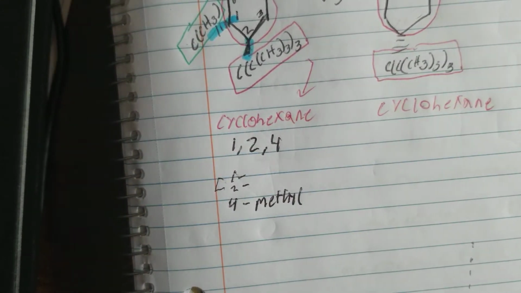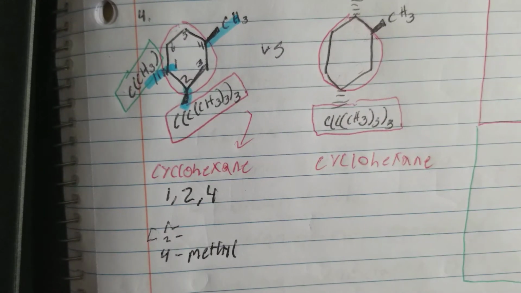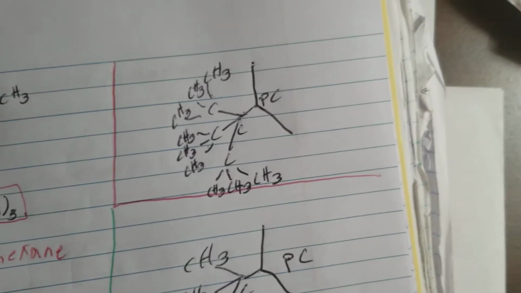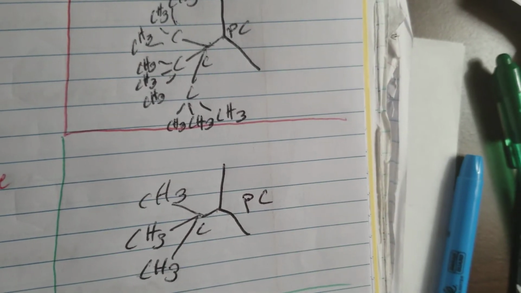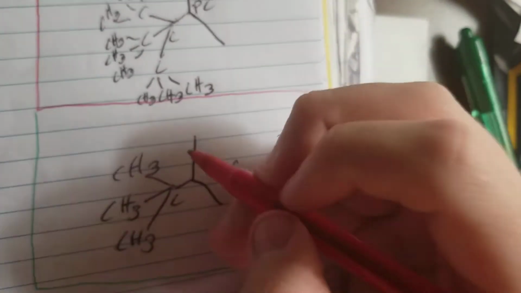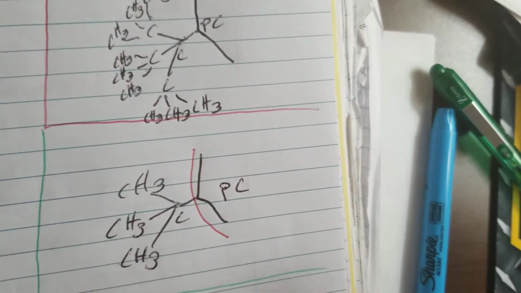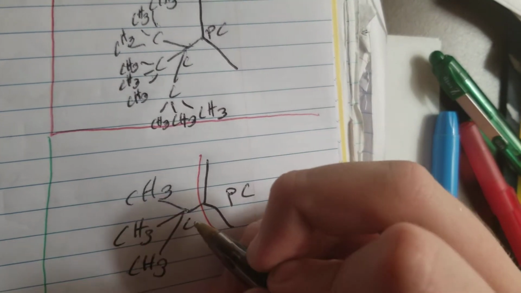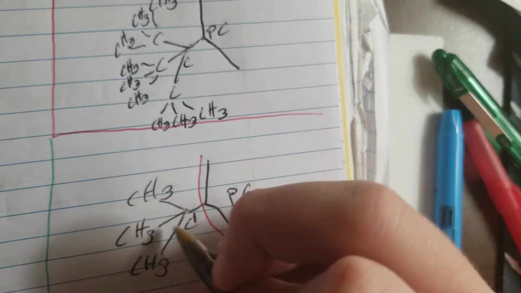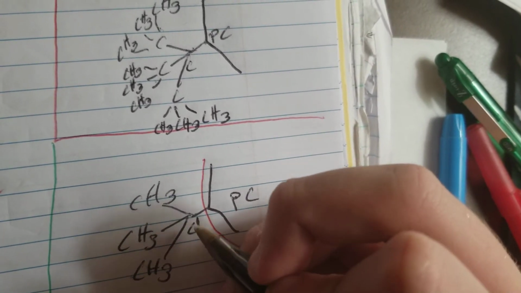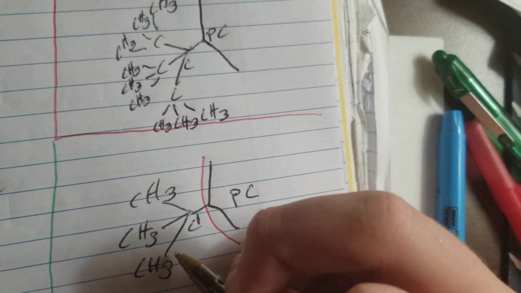Alright, so a good thing about drawing these two diagrams over here is that we can use them to help name. So I'll start with the C(CH3)3 right here. So this is part of the parent, so we don't count this carbon. We always want to start at 1, at the conjoining carbon, and then we can really go anywhere with the rest of it.